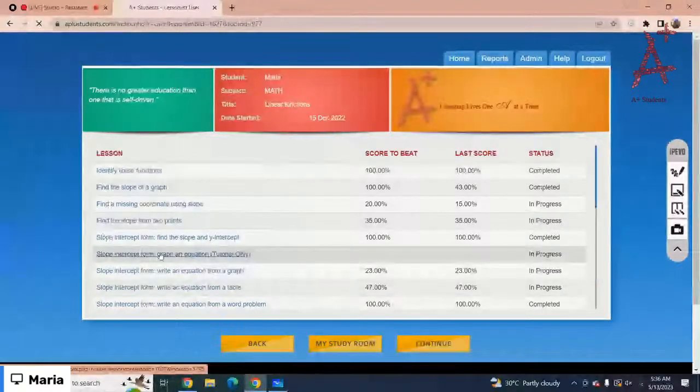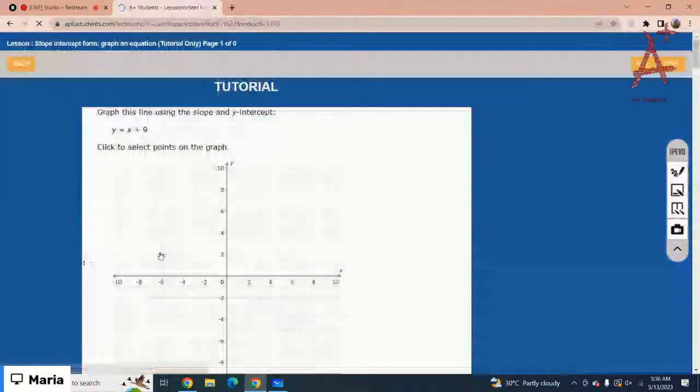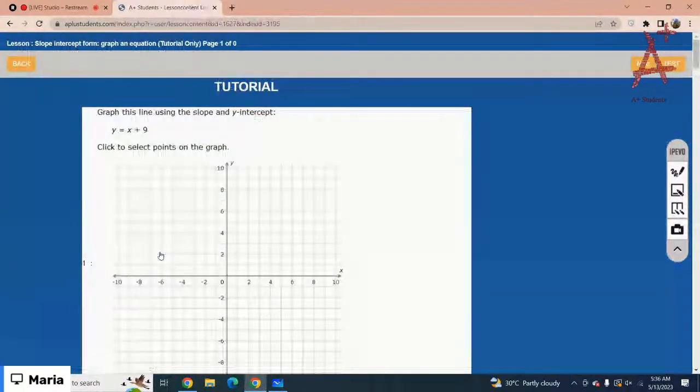Okay, slope intercept form graph and equation. So basically we're going to learn how to graph an equation. Let's start with the example.